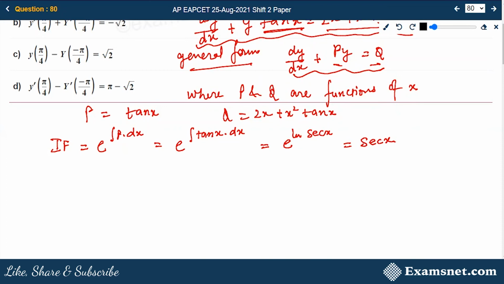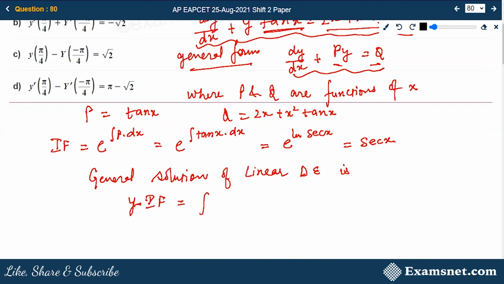Okay. So now the general solution of linear differential equation is y into IF is equal to integral of q into IF plus c. That is y into secant x. What was IF? We calculated it was secant x.